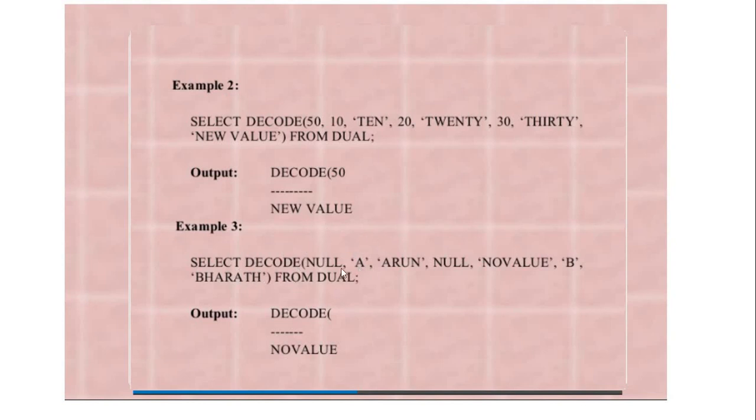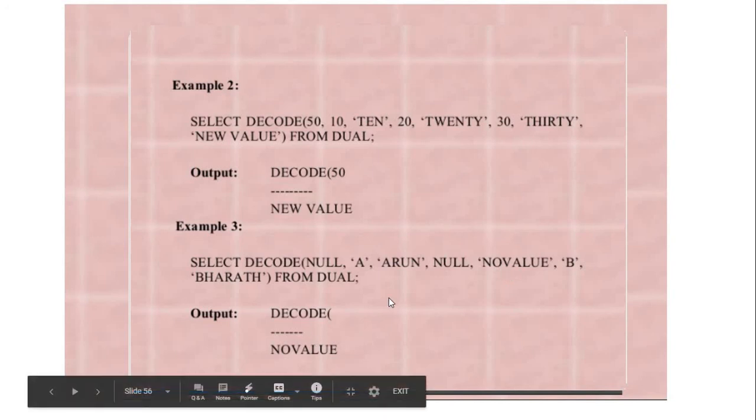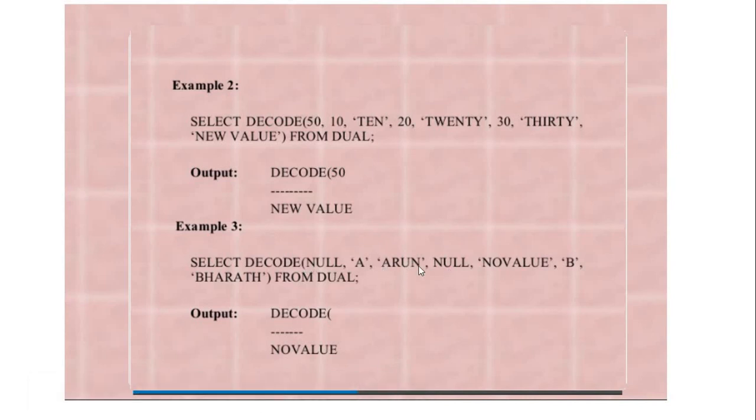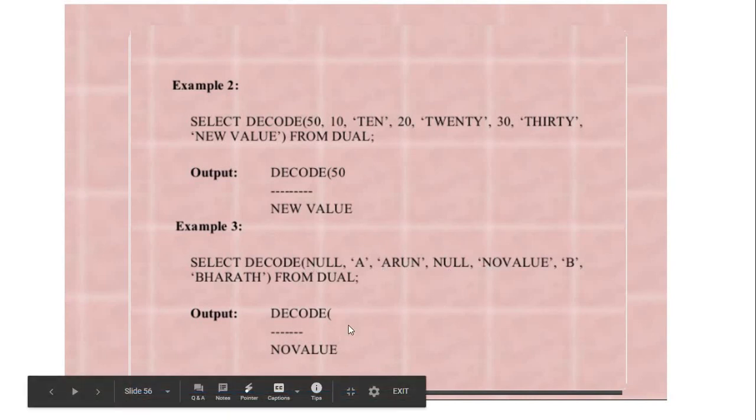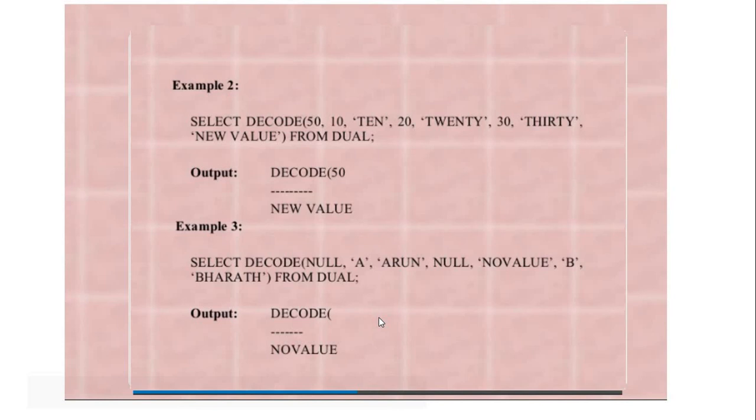In the next we can see that we have this base expression as null. Then it is our compare 1, value 1, and then this is our compare 2 and value 2. So here it is matched with this one, meaning null, null. So it will return this no value.